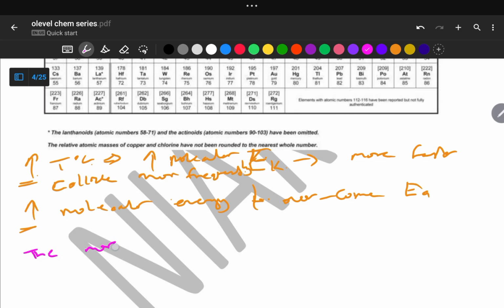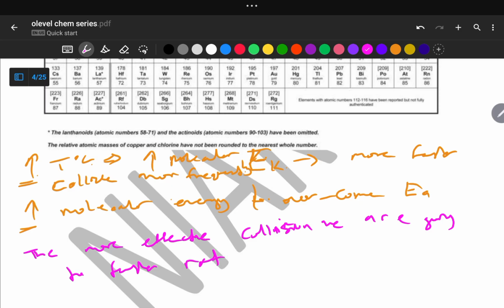The more effective collisions, we are going to have a faster reaction, right?